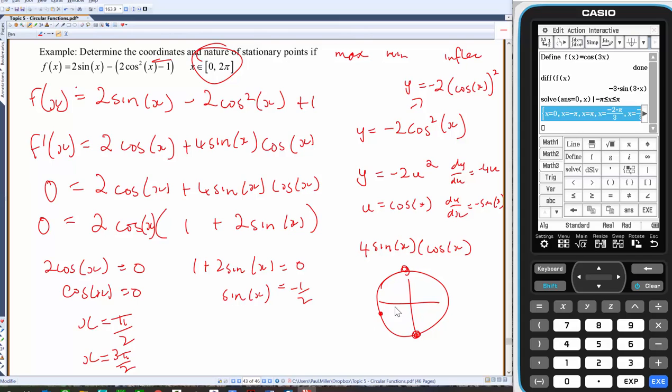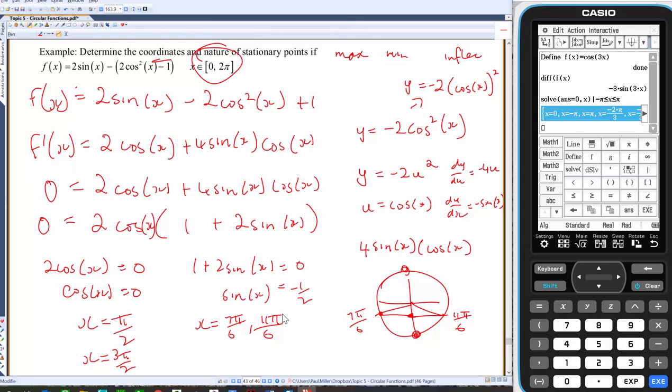Well, it's going to be over here, which is 7 pi on 6, as well as over here at 11 pi on 6. So x is equal to, in this case, 7 pi on 6, 11 pi on 6. So there's our 4 stationary points. Okay, so 1, 2, 3, 4.